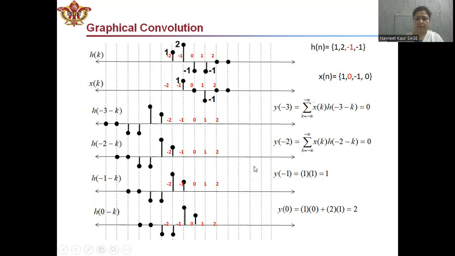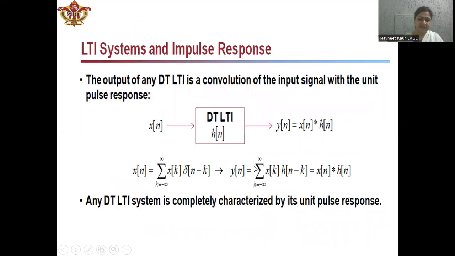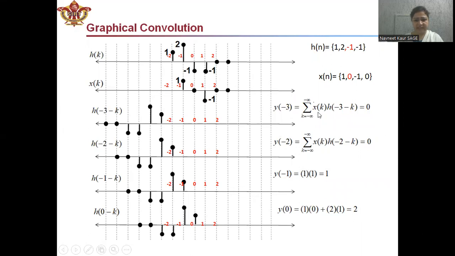Now using the formula which we have already given, y[n] equal to summation x[k] h[n minus k], I'll calculate the values of the samples of the convolution sum. Suppose I want to find my first sample, y[-3]. Here n is equal to -3, so I will keep n as -3. So y[n] will be given as x[k] h[-3 minus k].